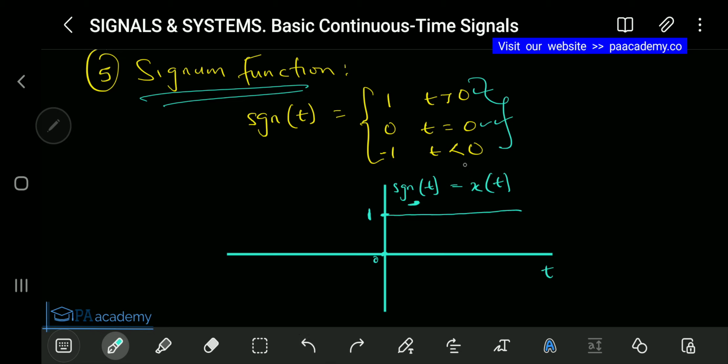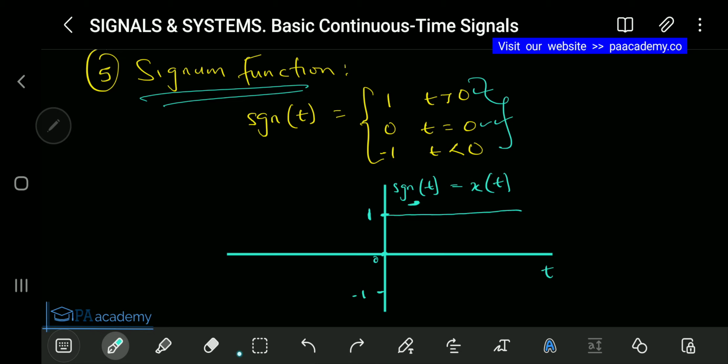When our x of t, the Signum of t, is at minus 1, minus 1 will be somewhere here, negative 1. We're told that our t is less than 0. Once it is less than 0, that means it's going to be coming towards this direction.